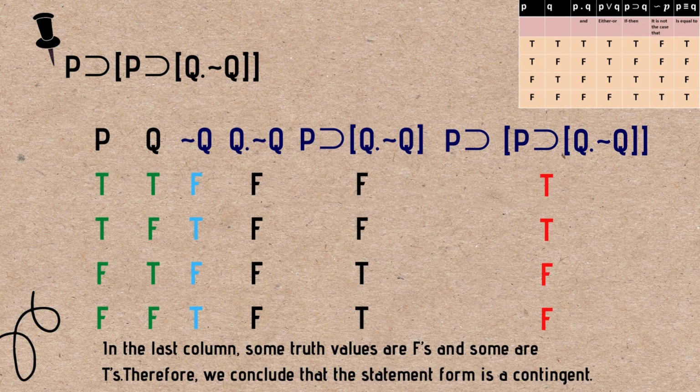So in the last column, some truth values are false and some are true. Therefore, we conclude this statement is in the form of contingent. Contingent means it will be a mix of true and false; it may be true or may be false based on the situation.